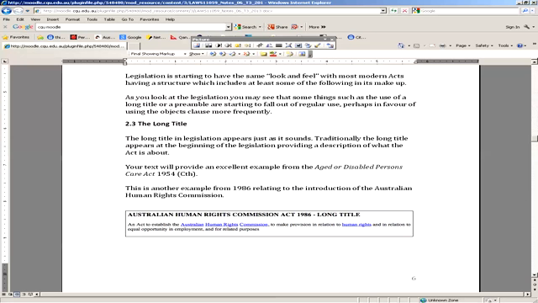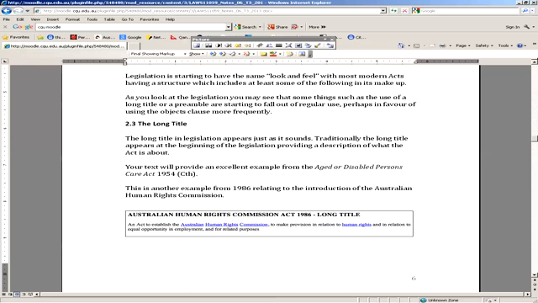This is an Act to do something. It's an Act to establish the Human Rights Commission, to make provisions in relation to human rights. It's an Act to regulate property agents and motor dealers in the state of Queensland. Something like that. And they obviously give the example of the Australian Human Rights Commission Act.